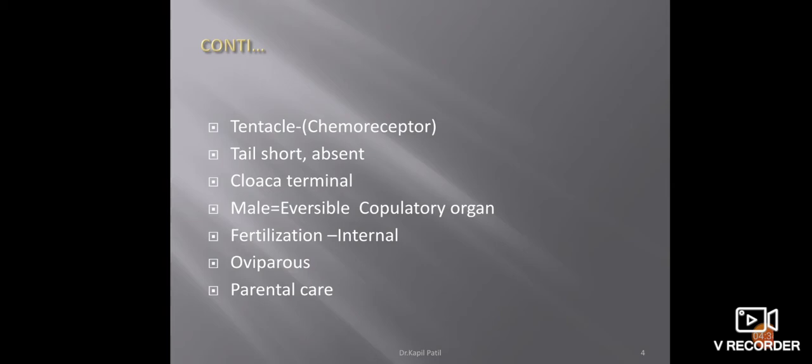The cloaca is terminal in position. In the male, a protrusible copulatory organ is present. Fertilization is internal, the fusion of male and female gametes inside the body. This order is oviparous, egg laying.